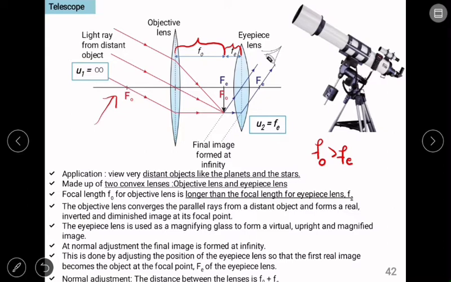Our object is at a very far away distance, which is at infinity. Since U is at infinity, the image formed by our objective lens would be real, inverted, and diminished. Alright?